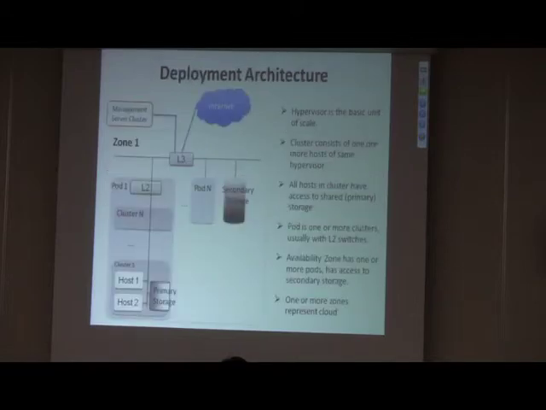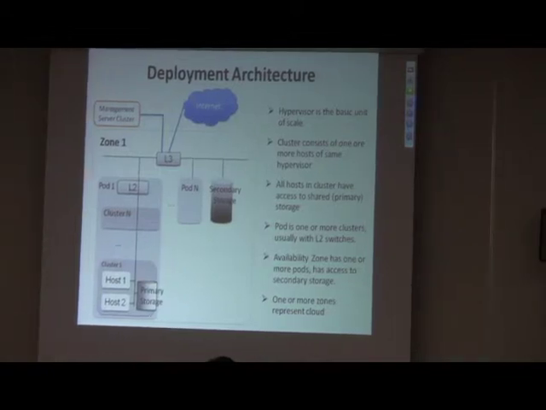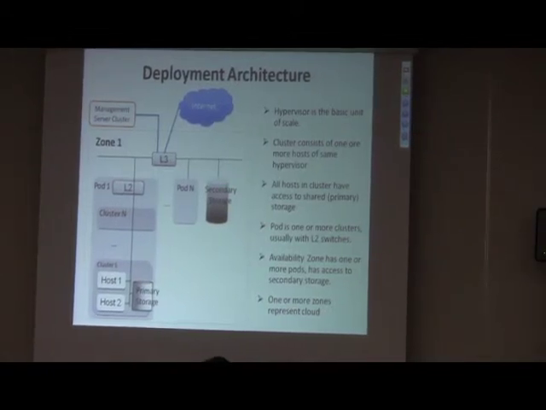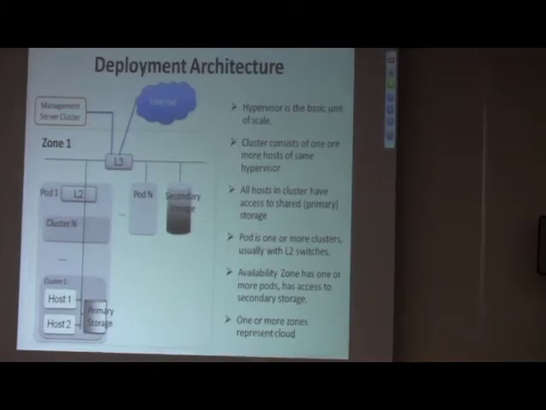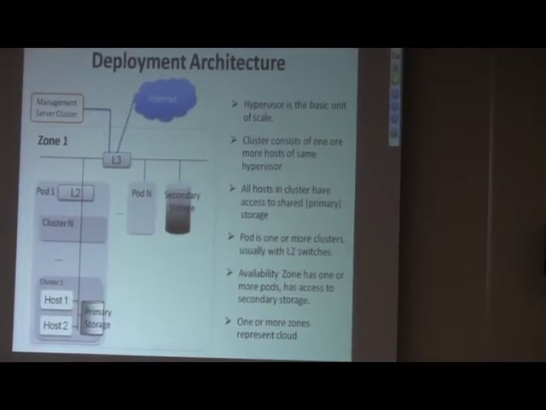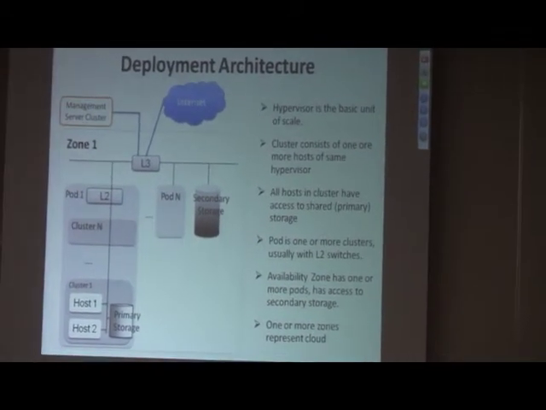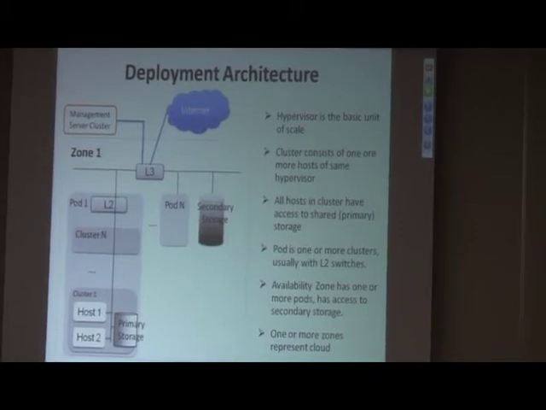Multiple clusters form a pod, multiple pods are attached to the secondary storage, and all of that gets linked with layer 3 networking. Then you duplicate this zone multiple times to achieve redundancy in the system.